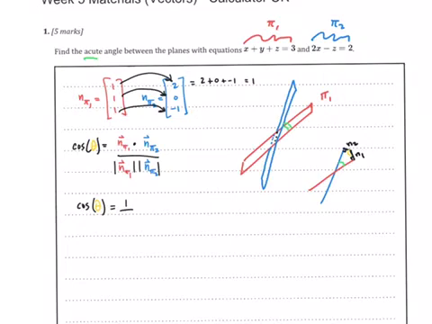All right, so the magnitude of normal pi 1 is, by the Pythagorean theorem on the three components, 1 squared plus 1 squared plus 1 squared. So that's square root of 3. The magnitude of the normal to pi 2 would be 2 squared plus 0 squared plus negative 1 squared, which would be root 5.